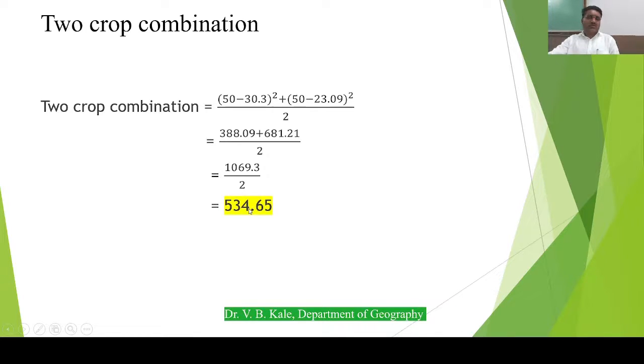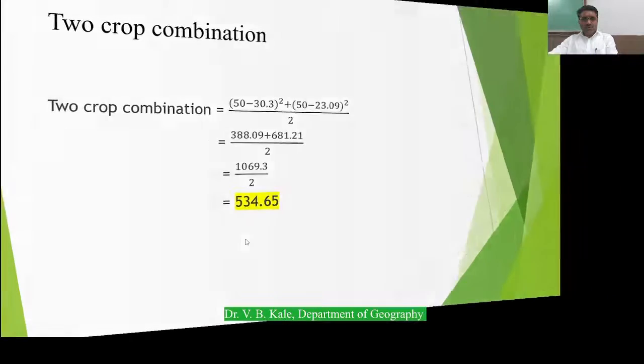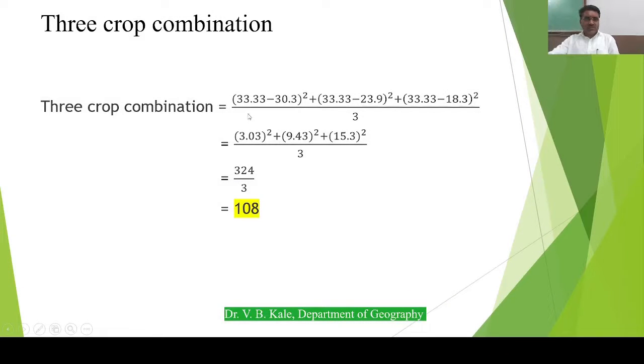So calculation is over here 534.65. Next one is three crop combination. Similarly 33.33 minus 30.3, which is the area under crop, and so on.